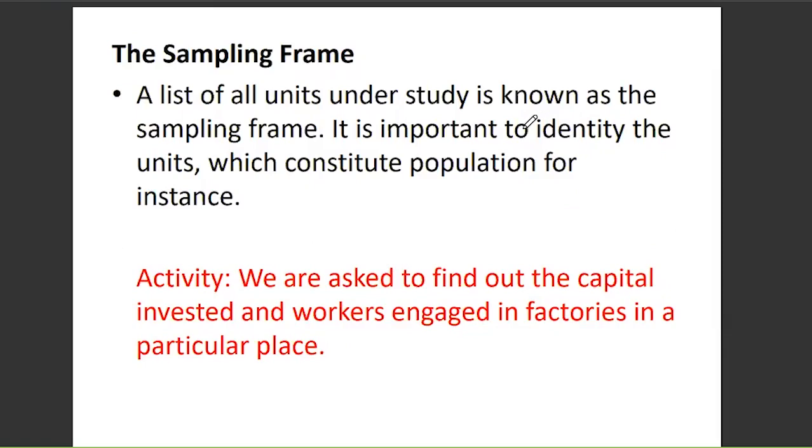Then I already discussed what we mean by sampling frame. Right? The sampling frame is all the units under the study, a list of all. We have the population. We have to define who are the people coming under the population one by one, or who are the agencies, or what are the universities. Then we need the list. That list is called the sampling frame.